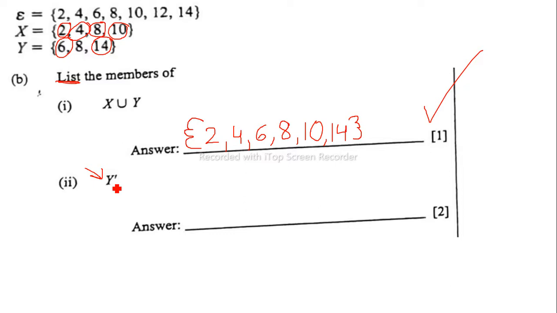The universal set. Yes, every number inside the universal set except for those that are in Y. So again, Y complement means that we want all the numbers in the universal set, all the numbers in here, except for the numbers that are in Y.